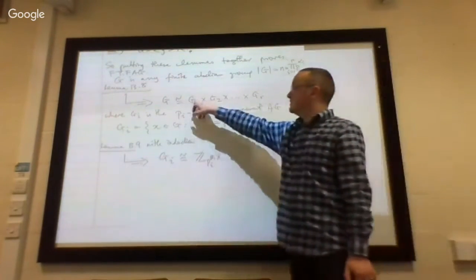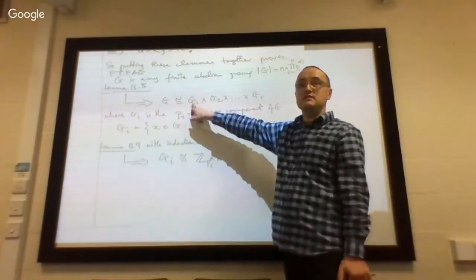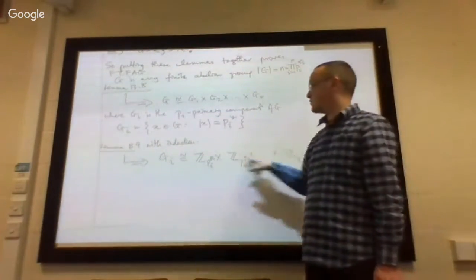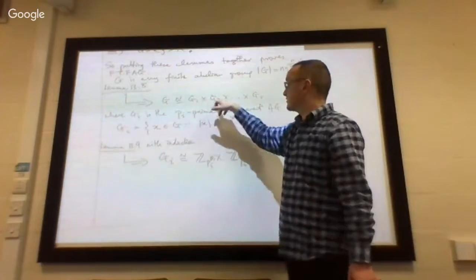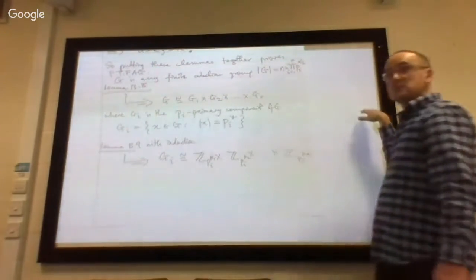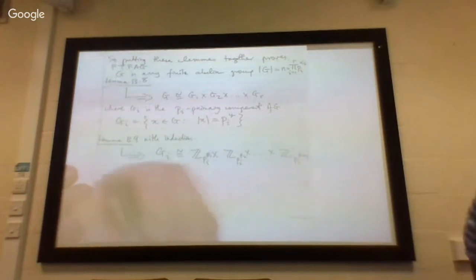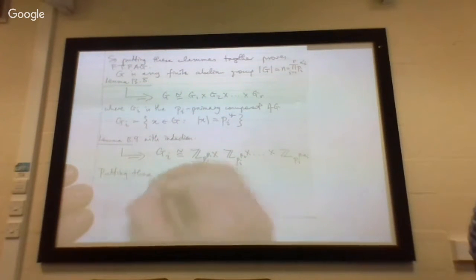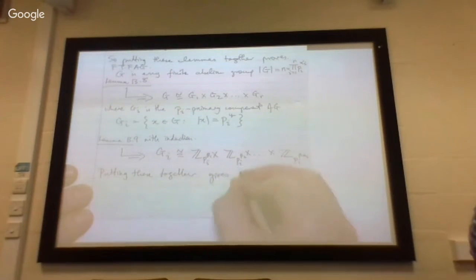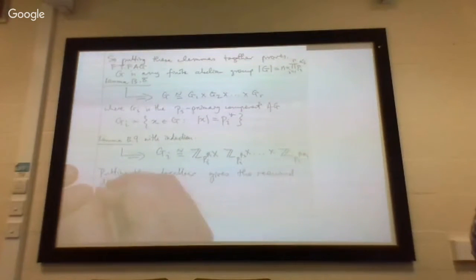Then when you replace each of these with its expression as a direct product of cyclic groups, for each of these, what you'll be looking at is the big direct product of cyclic groups. So putting all these together gives the required direct product for G.